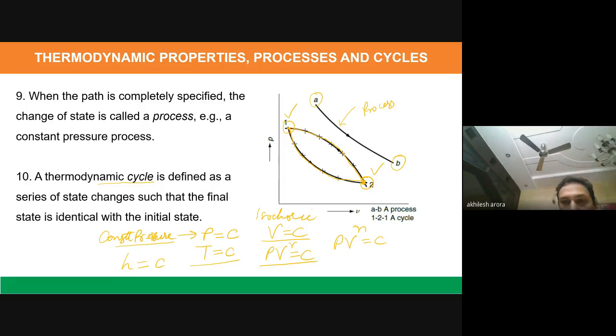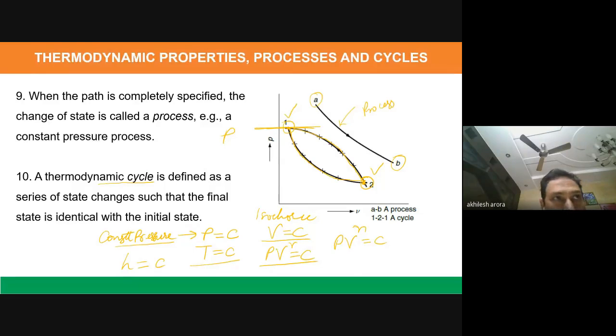One more important thing about thermodynamic properties in this case: if I talk about pressure, then in a thermodynamic cycle the initial pressure and the final pressure will be the same. There won't be any change in the pressure, because pressure is a property. Whenever we are talking about any property in a thermodynamic cycle, the value of the property will be the same.